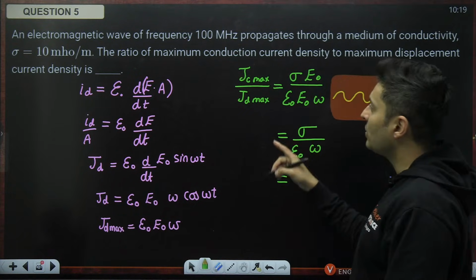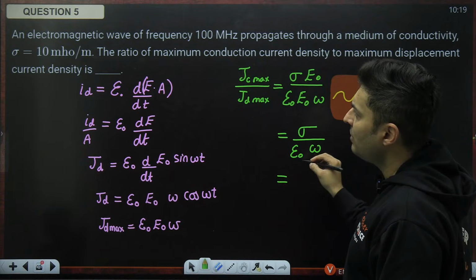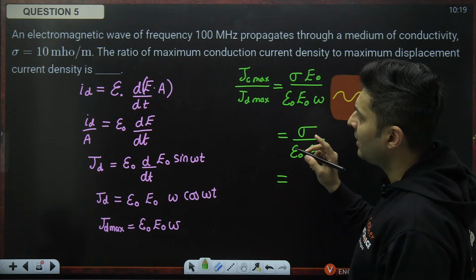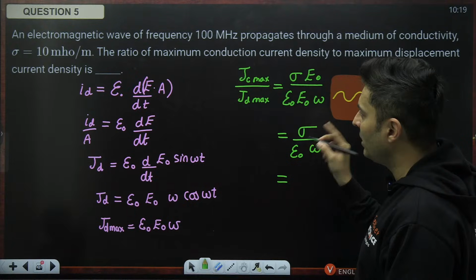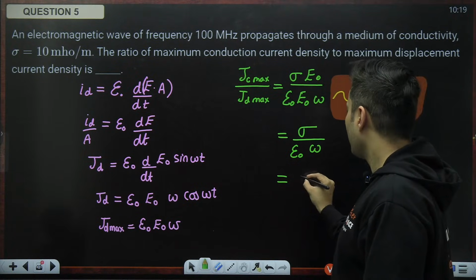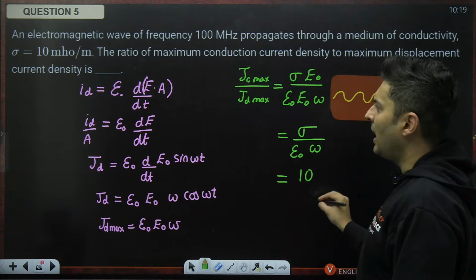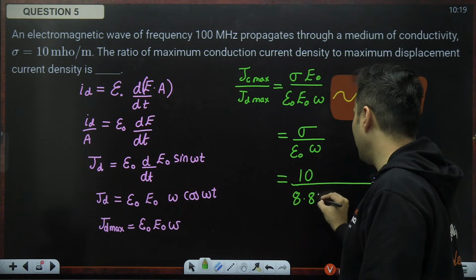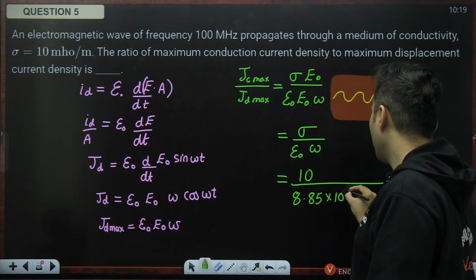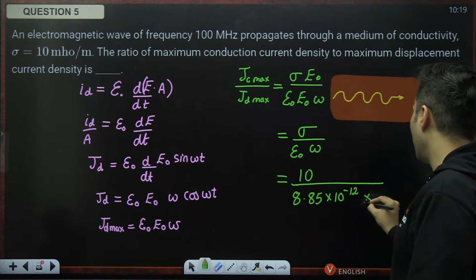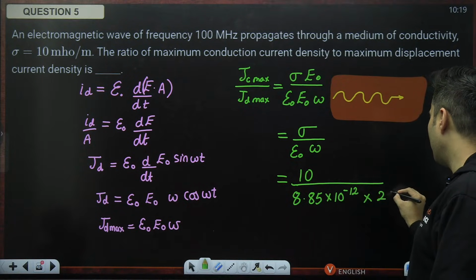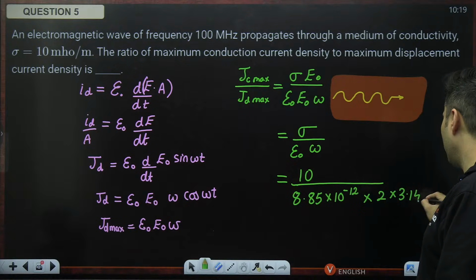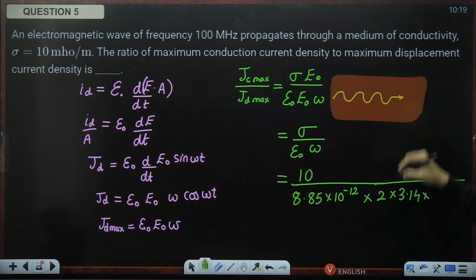So sigma is already given, which is 10 ohm inverse. It should be ohm, not mho. Spelling mistake is there, I think. So 10 is there, and epsilon naught, which is the standard 8.85 into 10 to the power minus 12, and omega is nothing but 2 multiplied by pi, which is 3.14, multiplied by the frequency, which is 100 megahertz, so into 10 to the power 6.